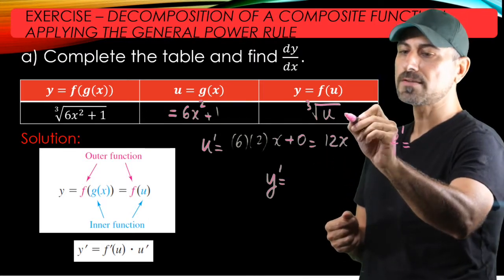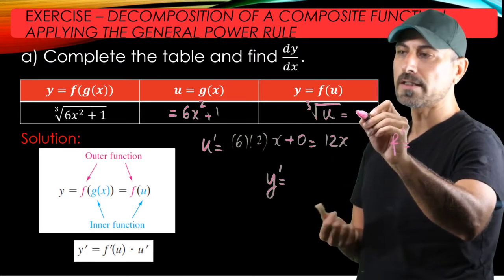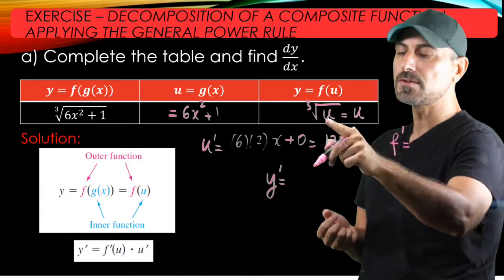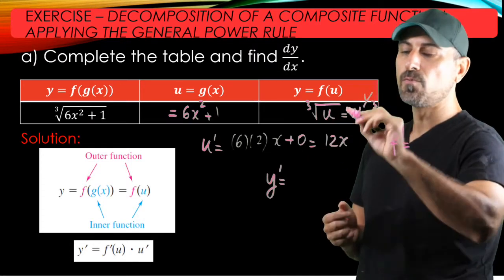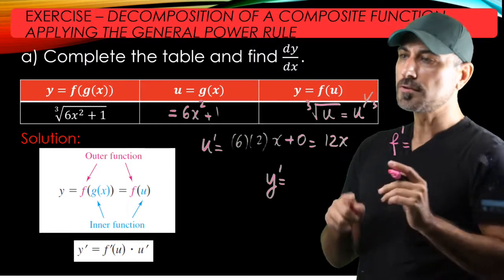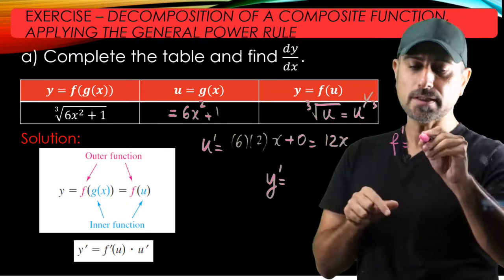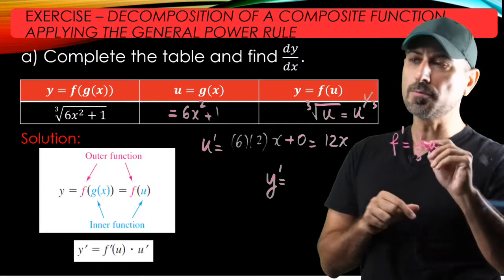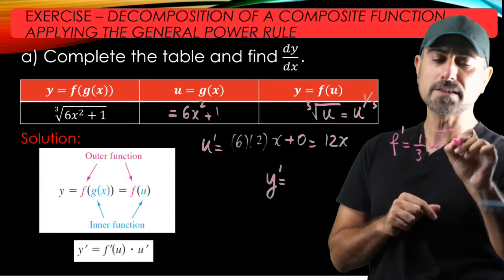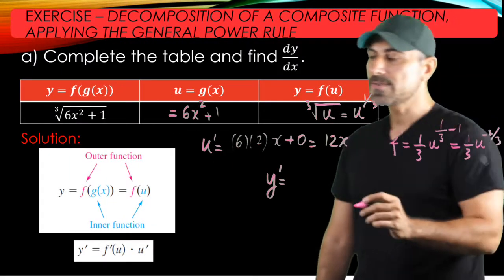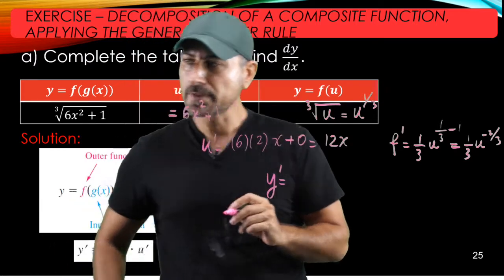But why don't we write this expression like an exponent so we can use the power rule. So this is u to the power of 1/3. So the derivative of this is the exponent times u to the power of the exponent minus 1. All right, so let's substitute u prime and f prime back in here.